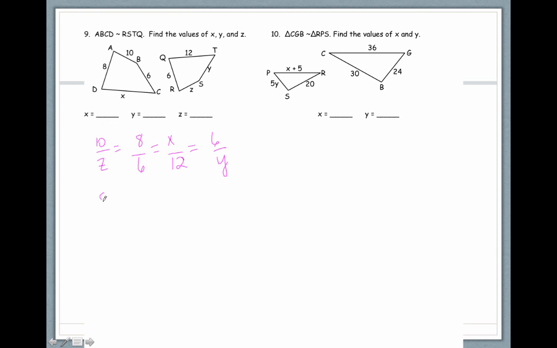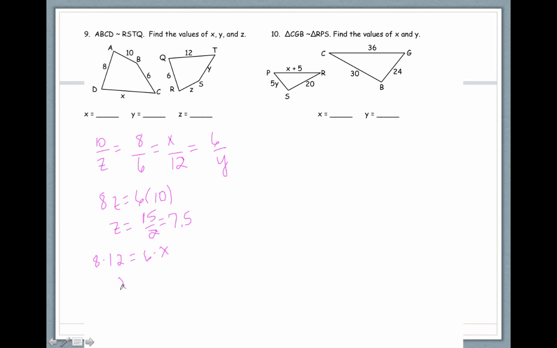So 8Z equals 6 times 10. Z equals 60 over 8, or 15 halves. Eight times 12 equals 6 times X. So on the first thing I used these two, now I'm using these two.